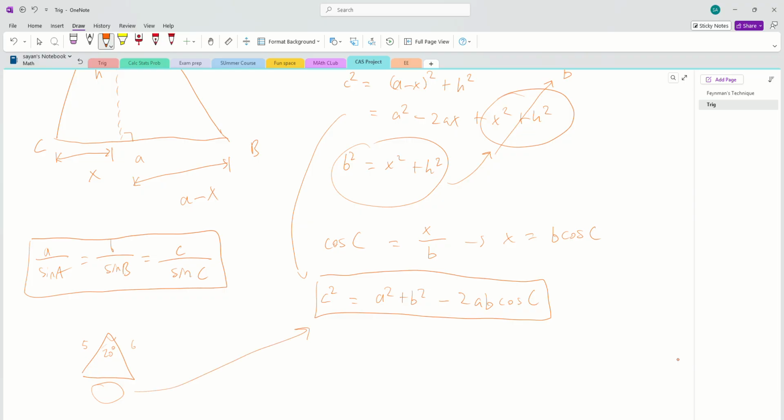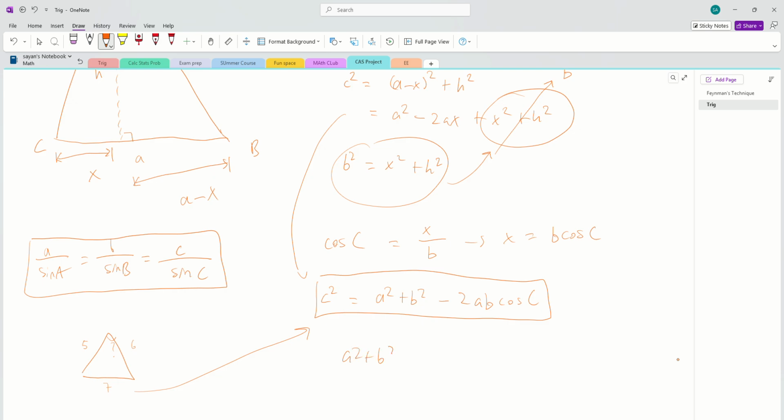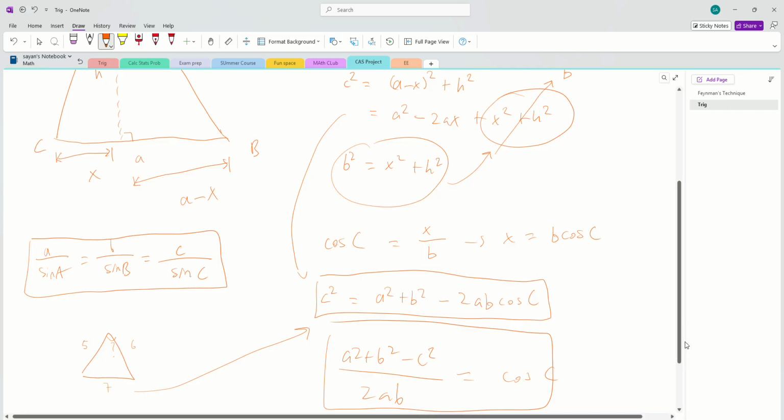Or let's say I wanted to find the angle and I just knew all the sides. Well, I can still use that. I can just rearrange this, and we'll get a squared plus b squared minus c squared over 2ab is equal to cosine C. You may also see cosine law written like this if you're solving for the angle.